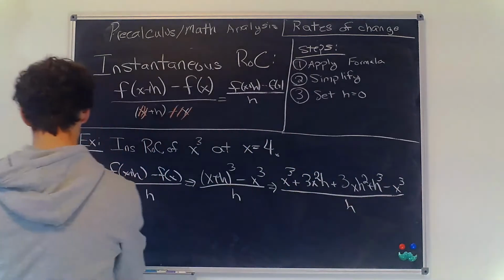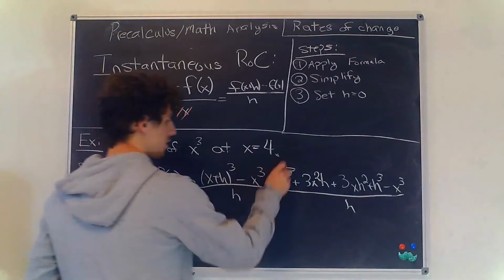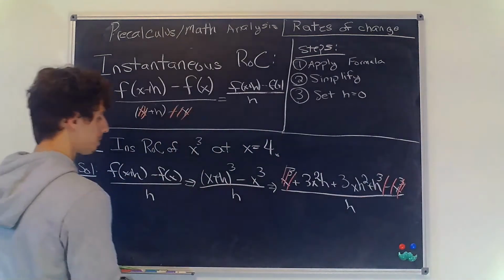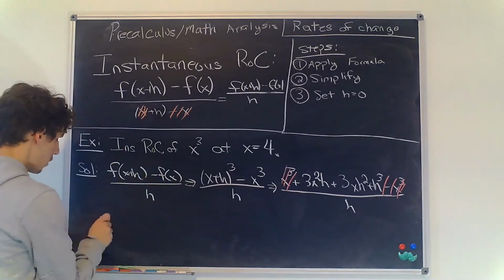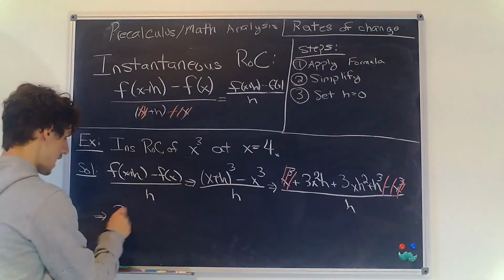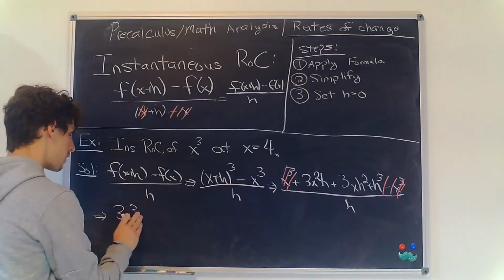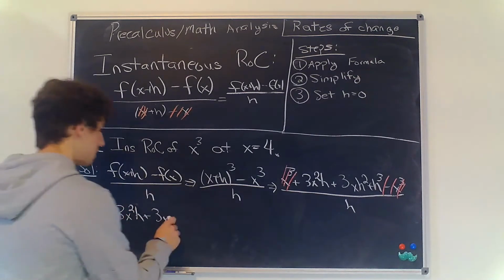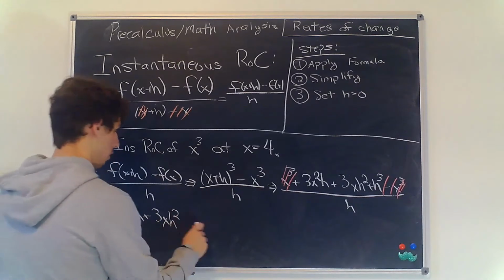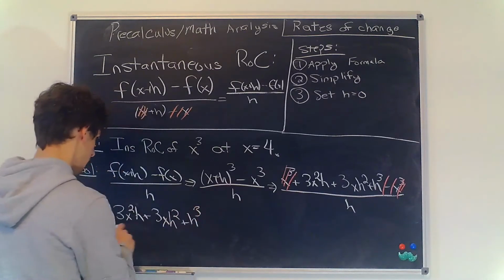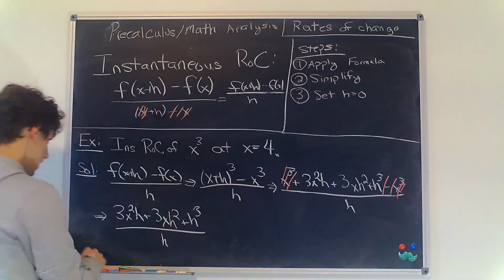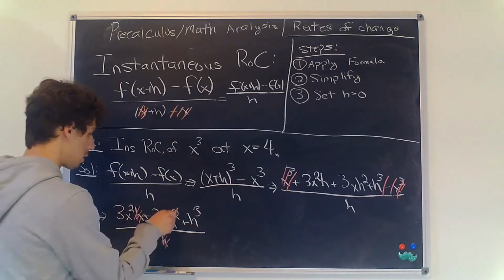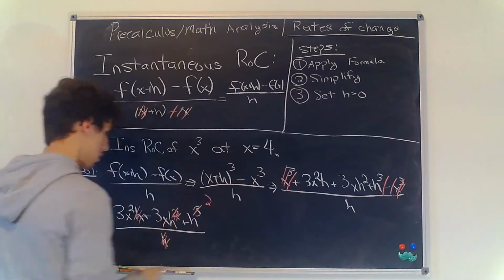But again, we have some terms that cancel here. We have this x cubed, we have this minus x cubed that are all going to go away. And now again, we are left with only terms that have h in them. So we have 3x squared h plus 3x h squared plus h cubed divided by h. But we can get rid of this bottom h by taking 1 copy of h out of each of these terms. So that's going to make this h cubed an h squared.